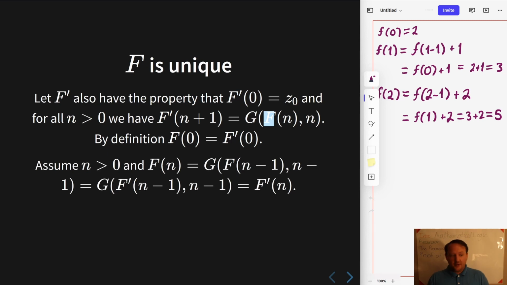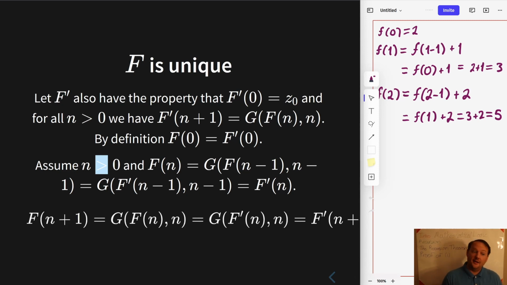For the inductive case, we assume that n is some number greater than 0 for which the claim holds. Actually, I think that should be greater than or equal to 0. Sorry about that. And now we want to prove the claim for n plus 1. I see that the text has gone off the screen, but this is just f prime at n plus 1. And the proof is completely immediate.